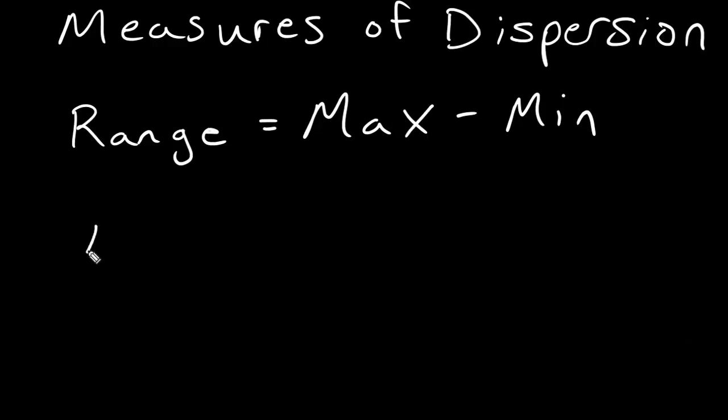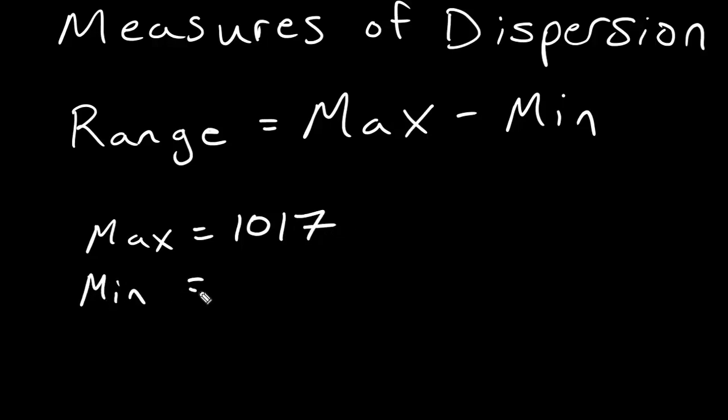So if any of us remember from that, the data that we were using for our measures of central location stuff, right? Our maximum value was 1017. Our minimum value was 19.